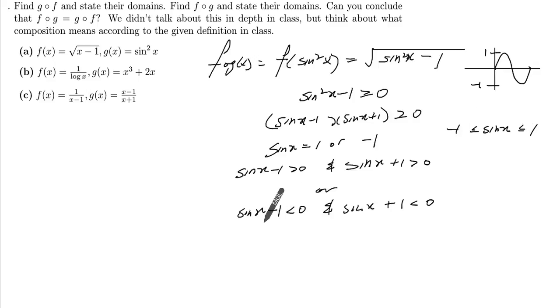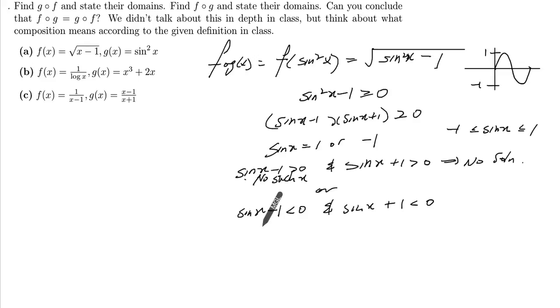The maximum value of this is 1. So is it possible for sine of x minus 1 to be greater than 0? The maximum is 1. This is actually impossible. There's no such x. And because it's an and condition, there will be no solution in this case.